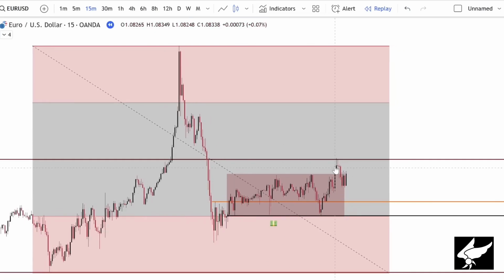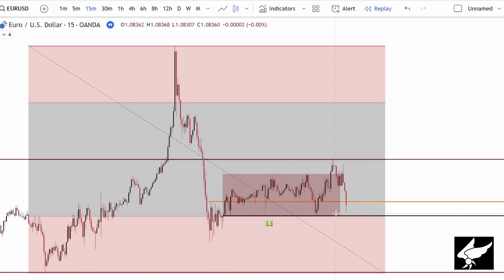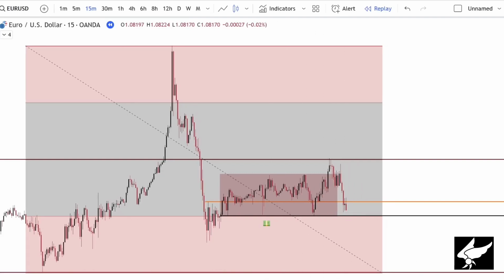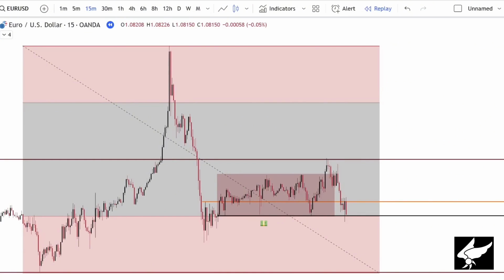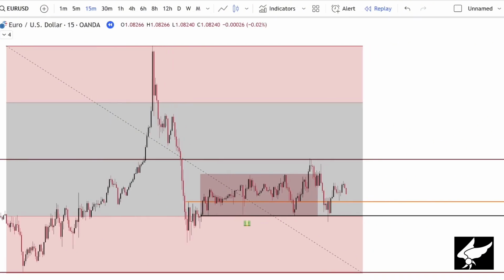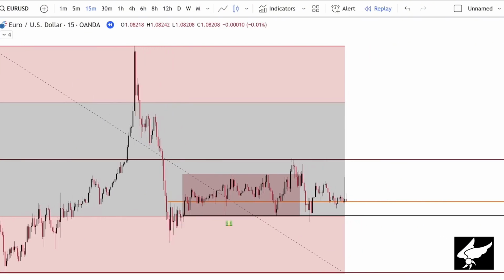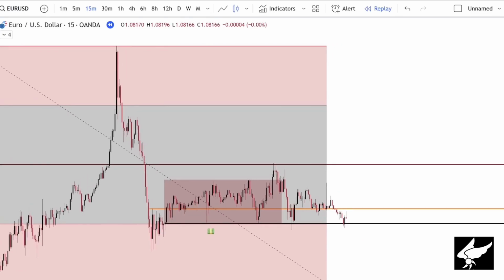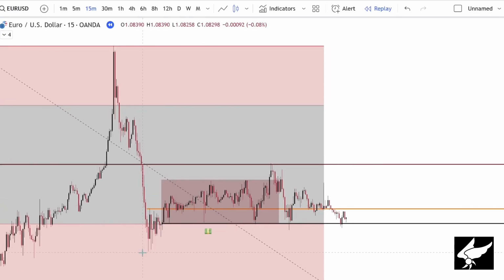Price broke structure right here, but then came for the pullback. Price is at your extreme of the micro and went for the stop hunt. Even though you had a deep retracement, just know your stop loss is always right here, so you're still safe.